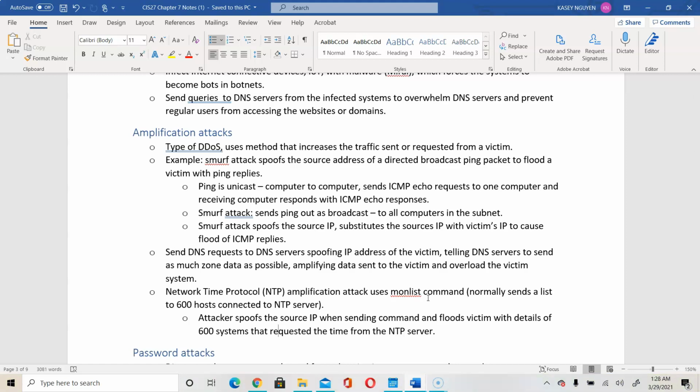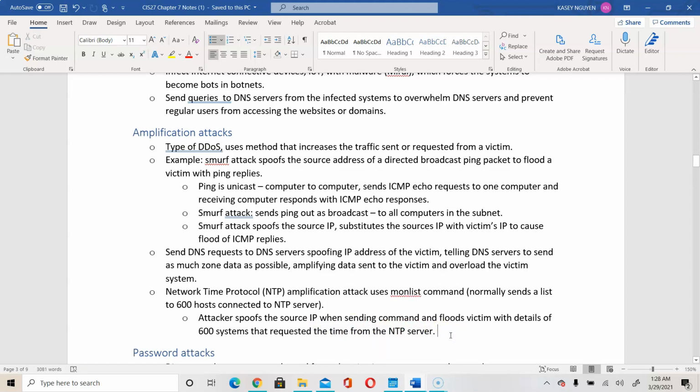So to take advantage of this, the attacker would spoof the source IP, send the command, and flood the victim with the details of 600 or more systems that need to be requested for time from the server. And the server's job is to provide time information.